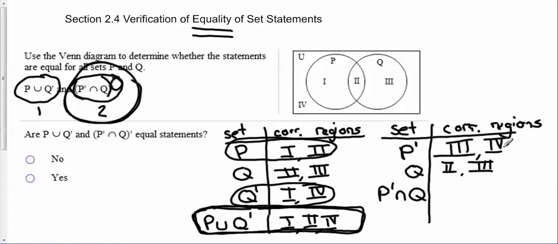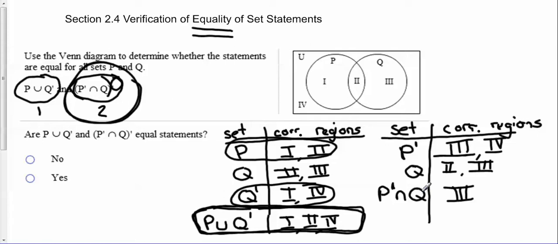So 3 and 4 and 2 and 3, they only have the elements that fall in region 3 in common, because those are the elements that are outside of P and at the same time inside of Q. Since it's P prime, or the complement of P, that means it's outside of P. Intersection means and.